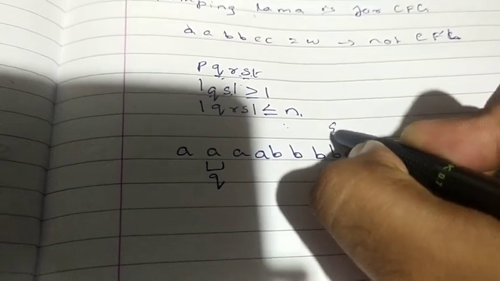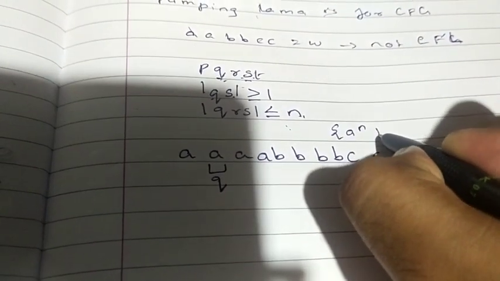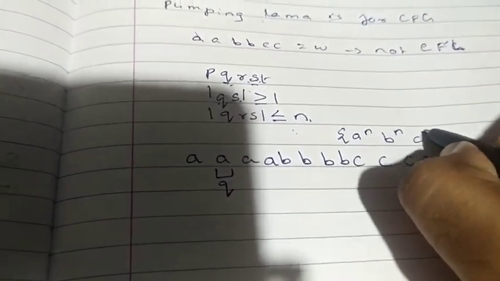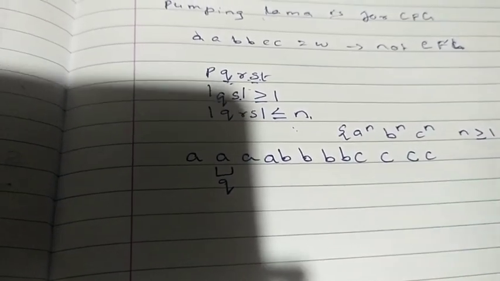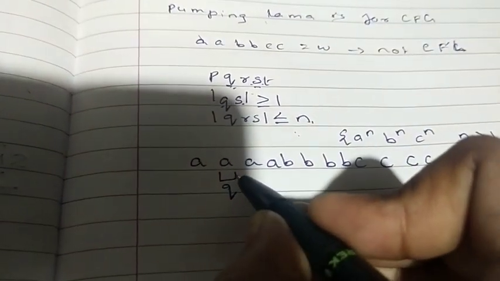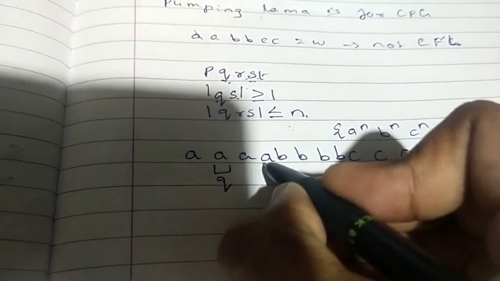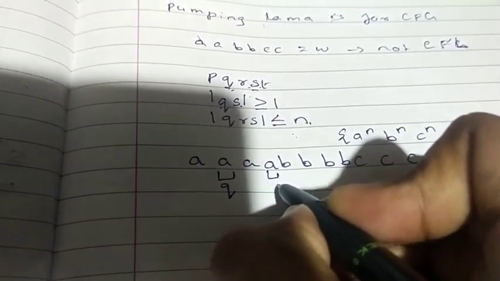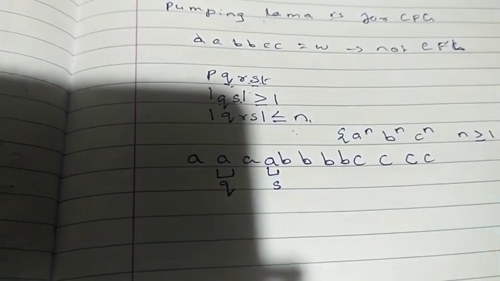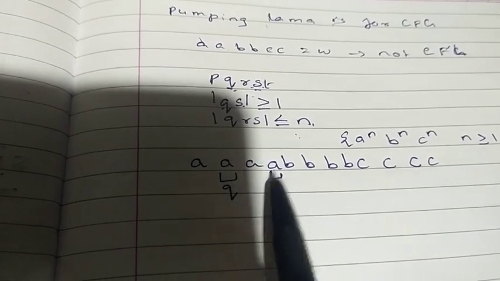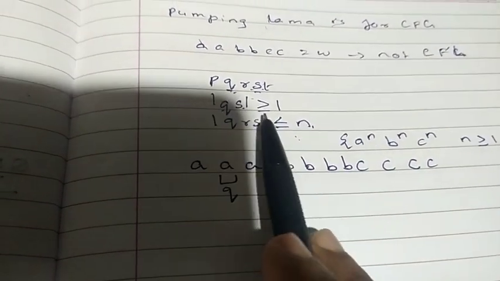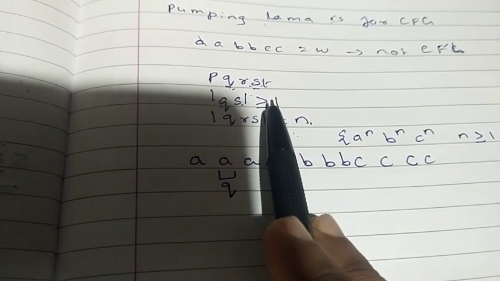This is part of what language? A^n B^n C^n, where n is greater than or equal to 1. So we place Q here and S here.